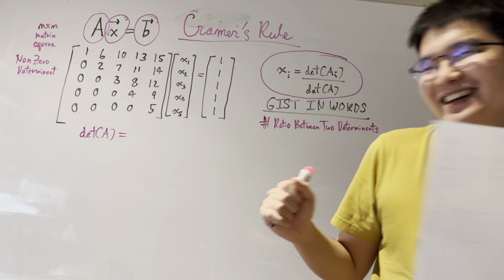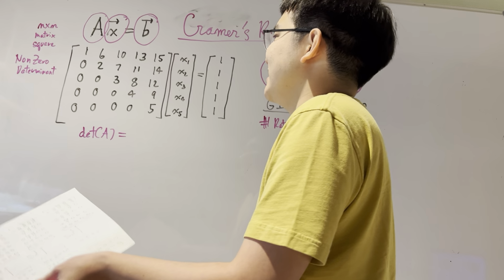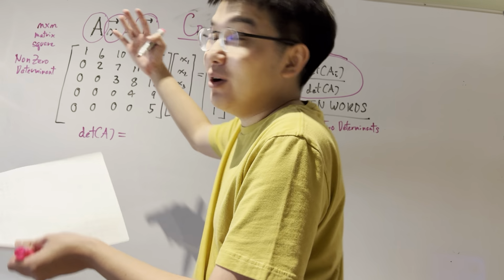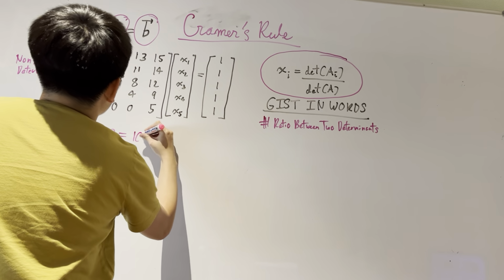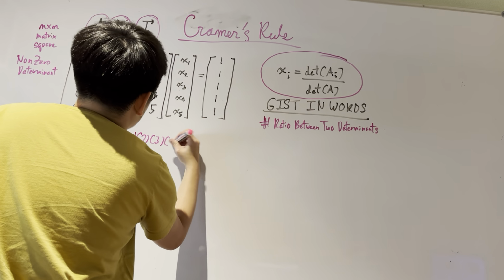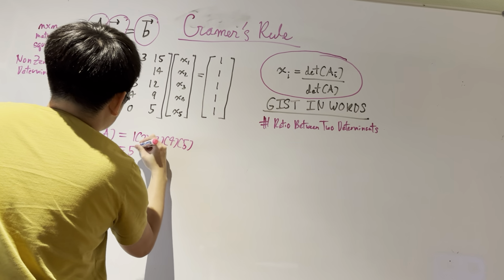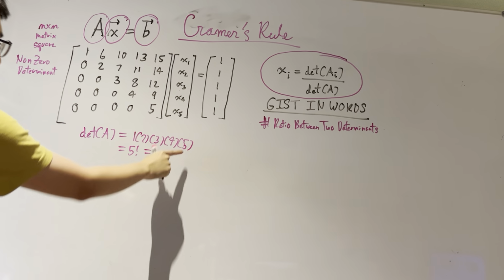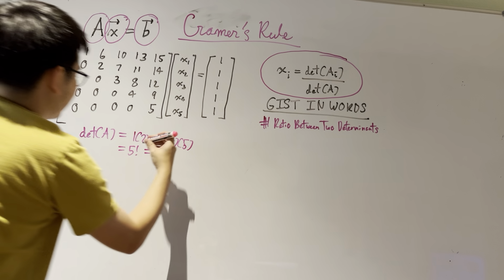And as a result, there's this easy theorem which tells us that we can just find a determinant by multiplying the diagonal entries only. So then the determinant of A is just 1 times 2 times 3 times 4 times 5. In this case, this happens to be the same as 5 factorial, which would be 5 times 4, 20, 20 times 3, 60, 60 times 2, 120.